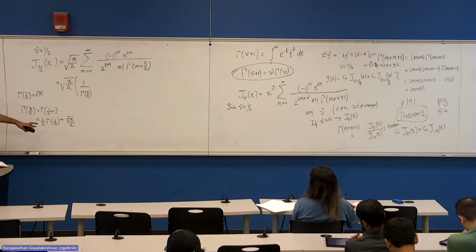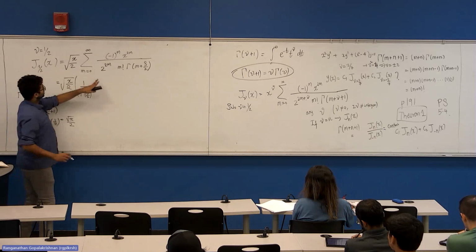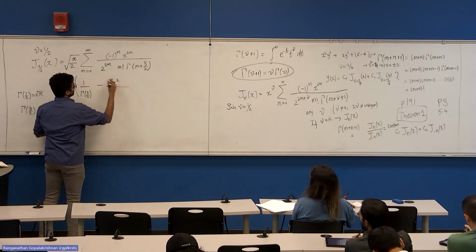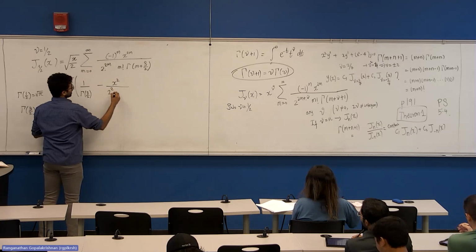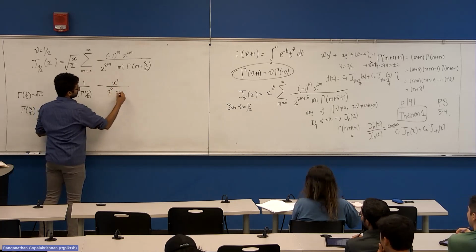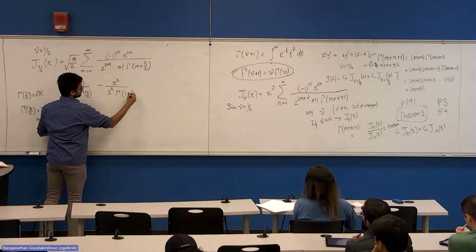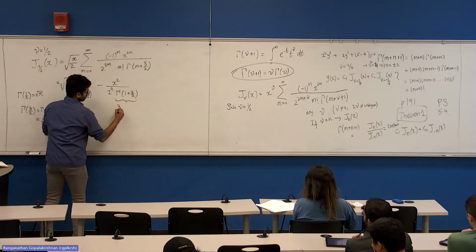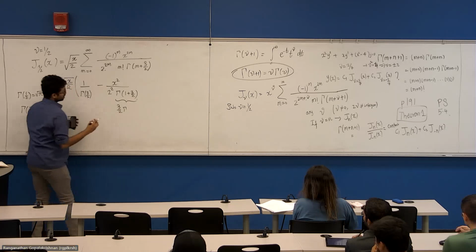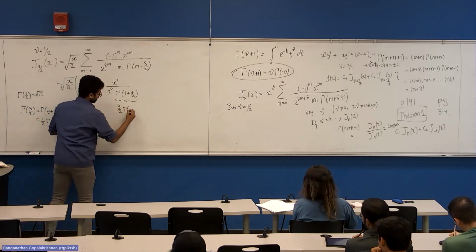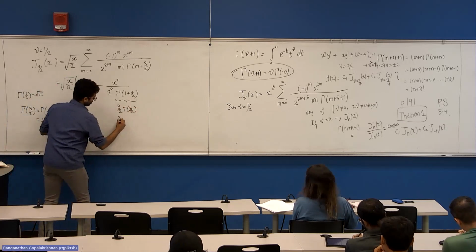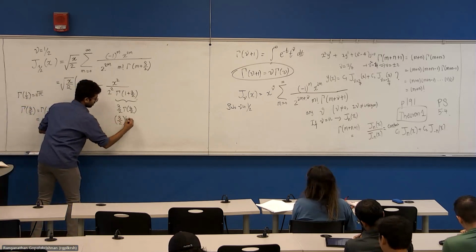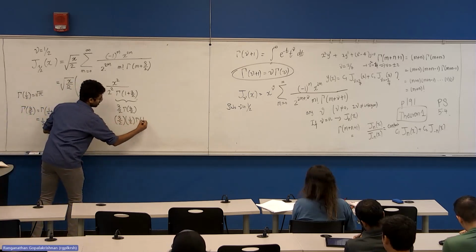Okay, not only is that important, look at the next term here. M equals 1. This will be minus x squared divided by 2 squared times 1 factorial is 1. Gamma of 1 plus 3 by 2, which is 3 by 2 times gamma of 3 by 2, which is 3 by 2 times half of gamma of 1 by 2.